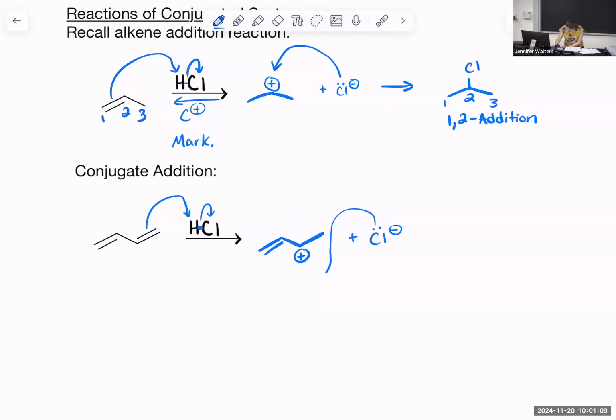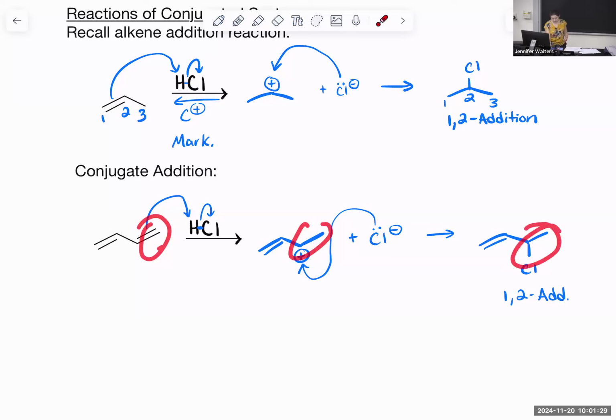So then the chloride can attack that carbocation, and I still get 1,2 addition. That is still possible with my conjugated diene. The alkene reacted as if the other one wasn't there. That is one product.